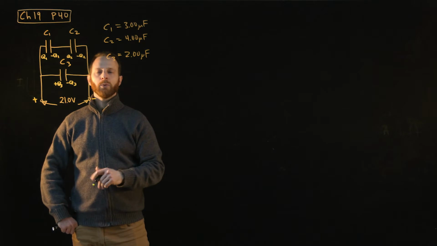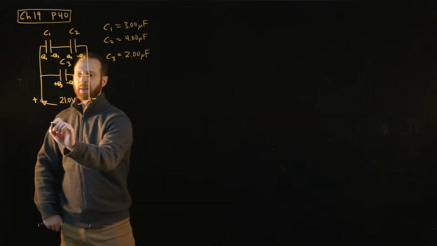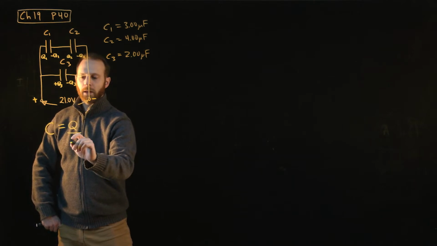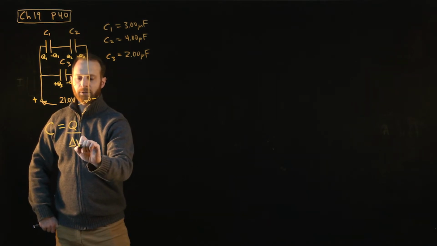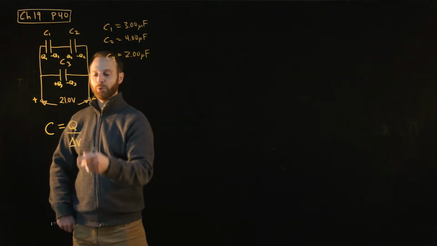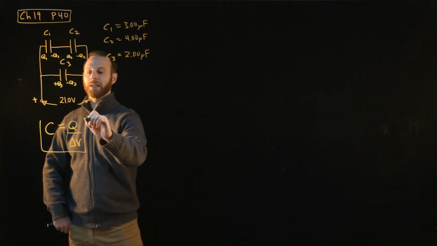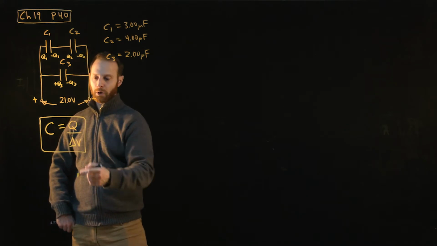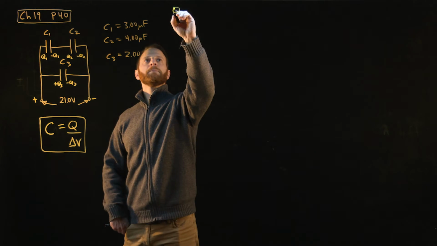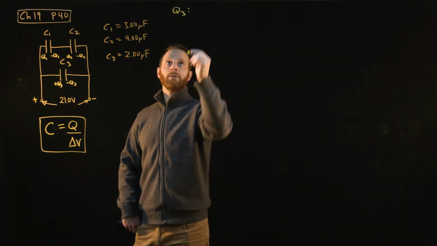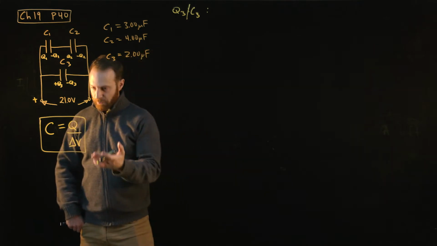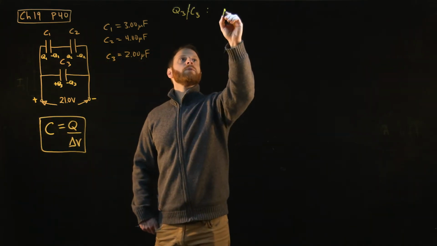The equation that we'll need to relate capacitance and charge and voltage is this generic equation, C equals Q divided by delta V. I may switch the notation occasionally by accident and just do Q over V, but that's the basic definition of capacitance, and it relates charge and voltage. So for capacitor number 3, the voltage difference is the full 21 volts.